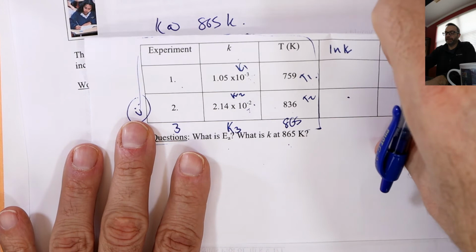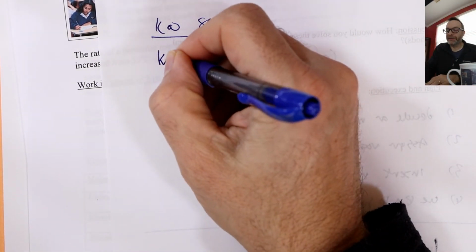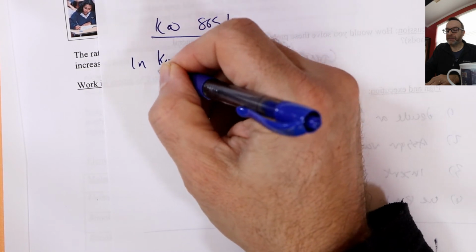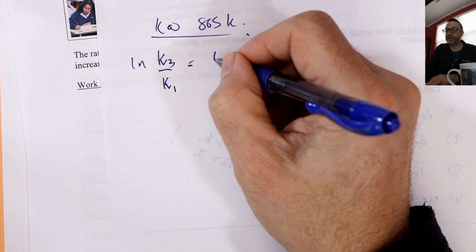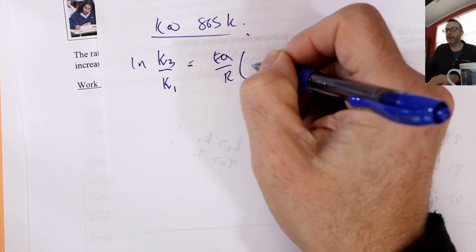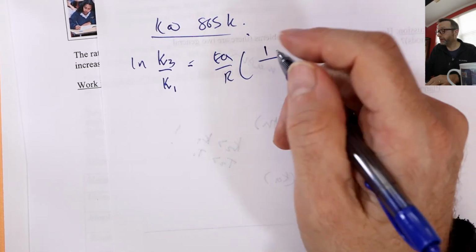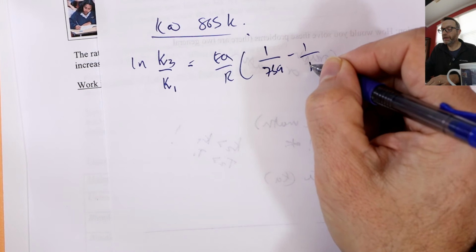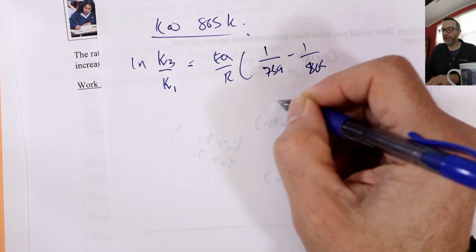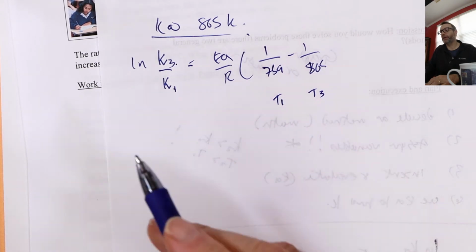Now, we're going to have natural log of K3 over K1, take your pick, equals EA over R, 1 over T1, which is 759, 1 over 865. So that's T1, T3, K3, K1, right?